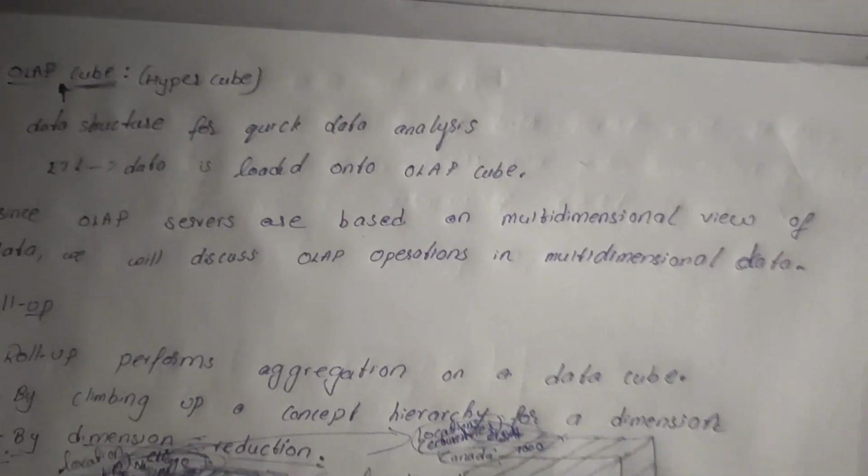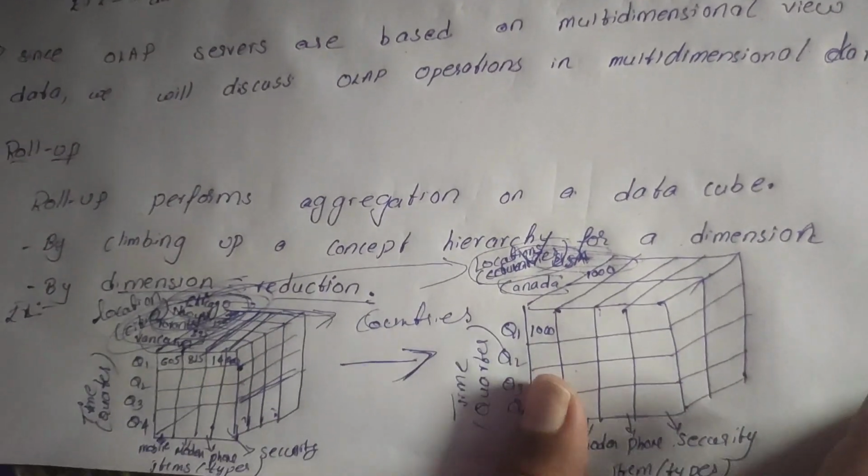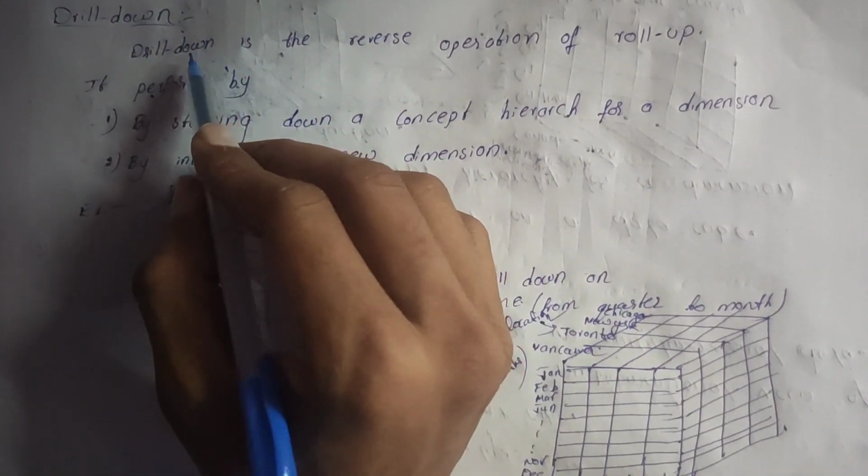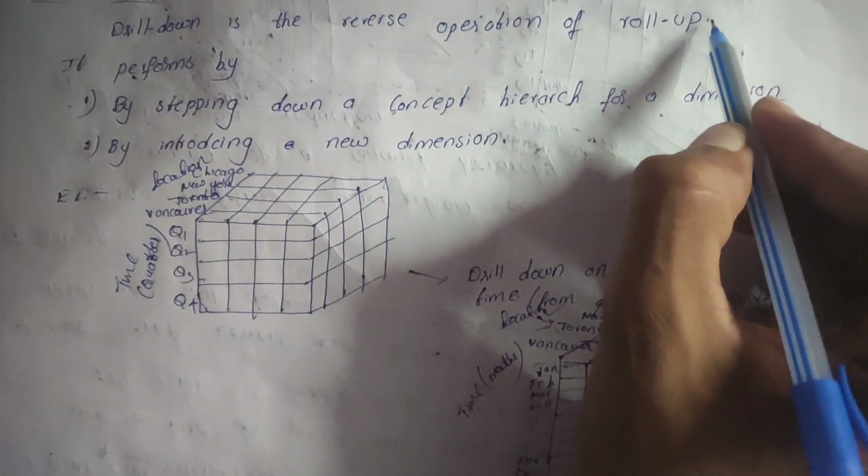I hope you understand. Next, the second operation, drill down. Drill down is the reverse operation of roll up.